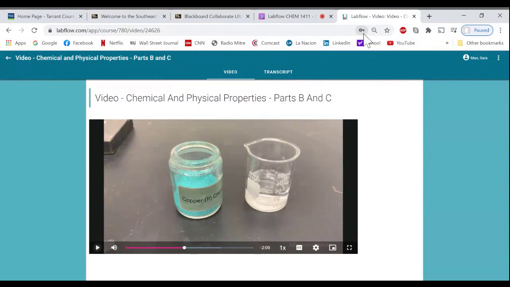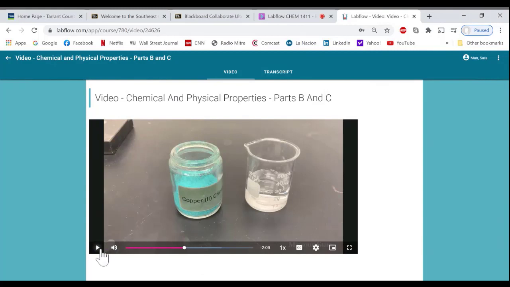So this is part C. When you look at your report, part C is basically a reaction between copper chloride and aluminum.